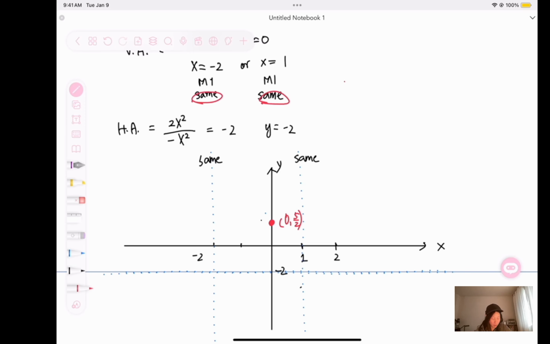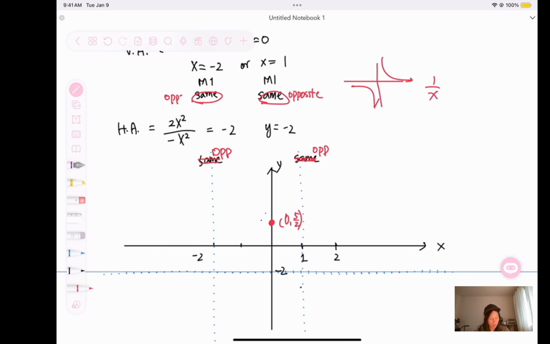If it's multiplicity 1, it should be similar to 1 over x, so they should have opposite directions. That's why when I looked at the graph, I thought something was off. So this should be opposite. This also should be opposite.